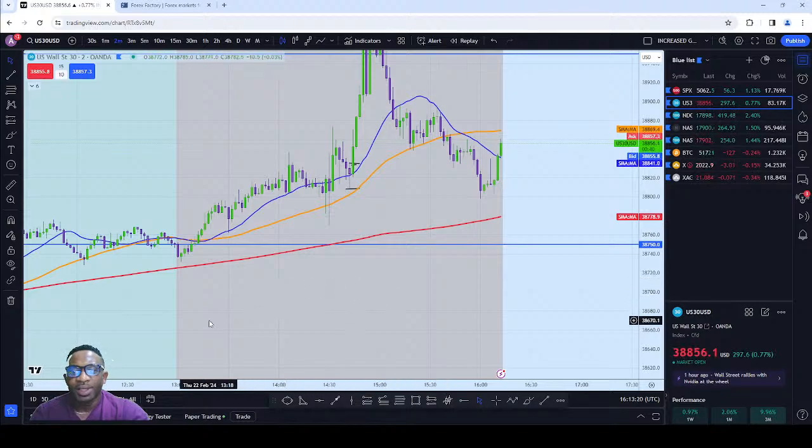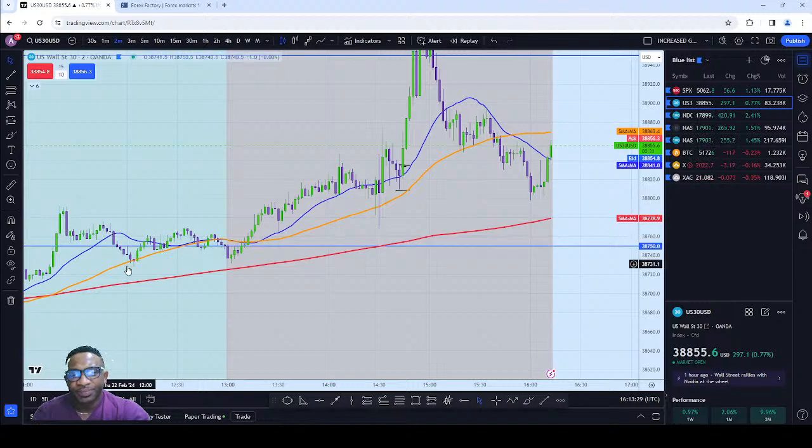So normally in the narrow states, that's where we find price doing what you call the trading range, or price consolidating.